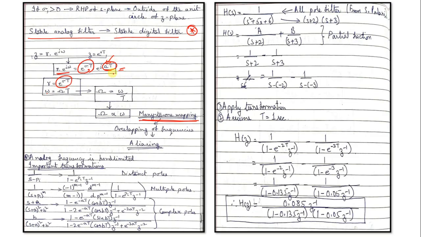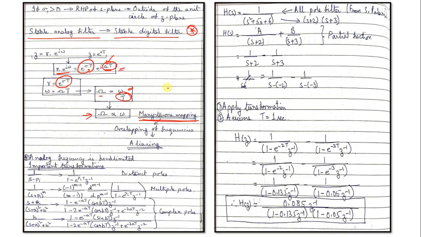So omega is equal to digital frequency by capital T, the time period of the samples. Now if you look over here, our analog frequency is directly proportional to the digital frequency.